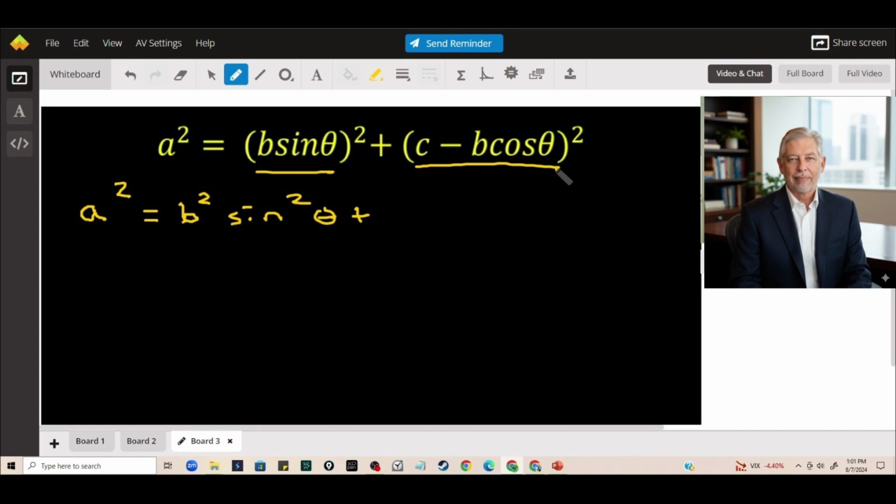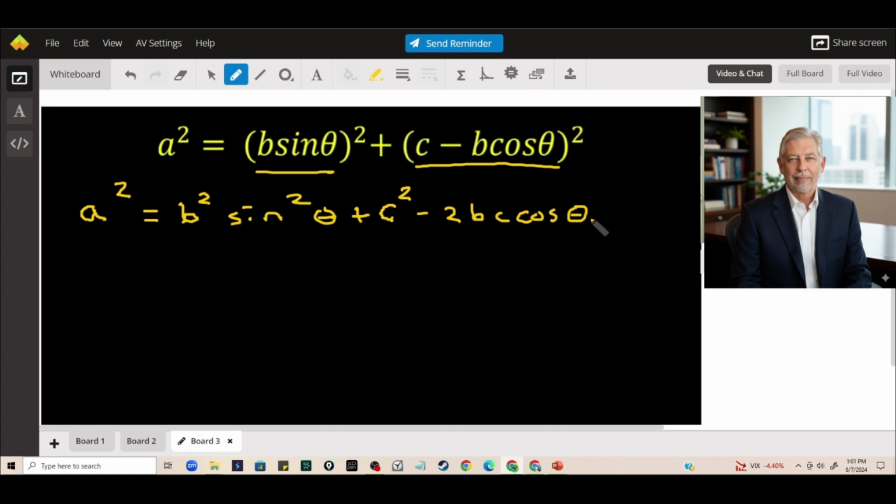We're using FOIL, we come up with C squared minus 2BC cosine theta, and we have that, plus what?